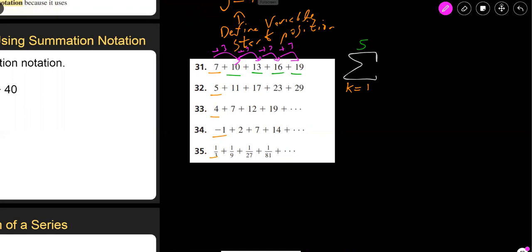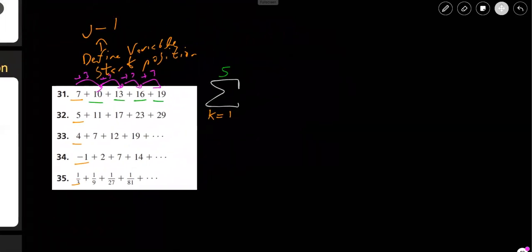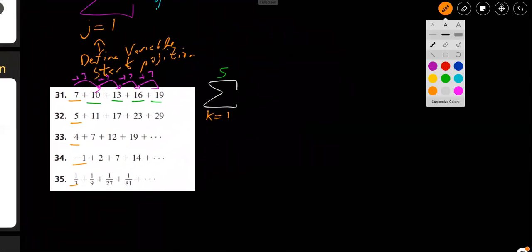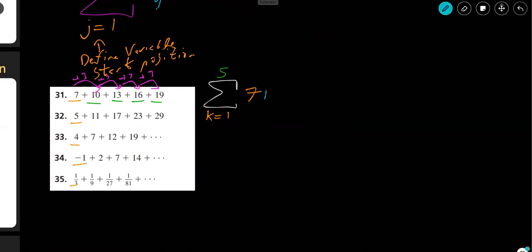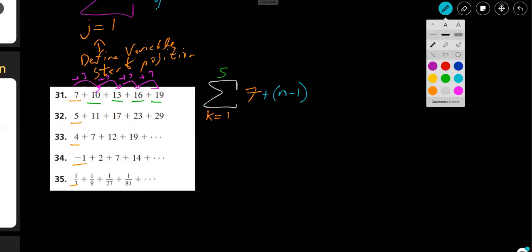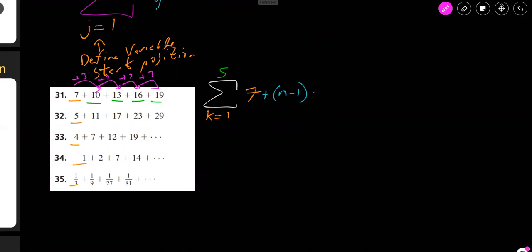So if I'm adding 3 each time, then I know that I can set up this rule very quickly using my A_n value. My A1 value is 7. And then I would be adding n minus 1 times my difference value, d, which is 3. So I've got 7 plus n minus 1 times 3.